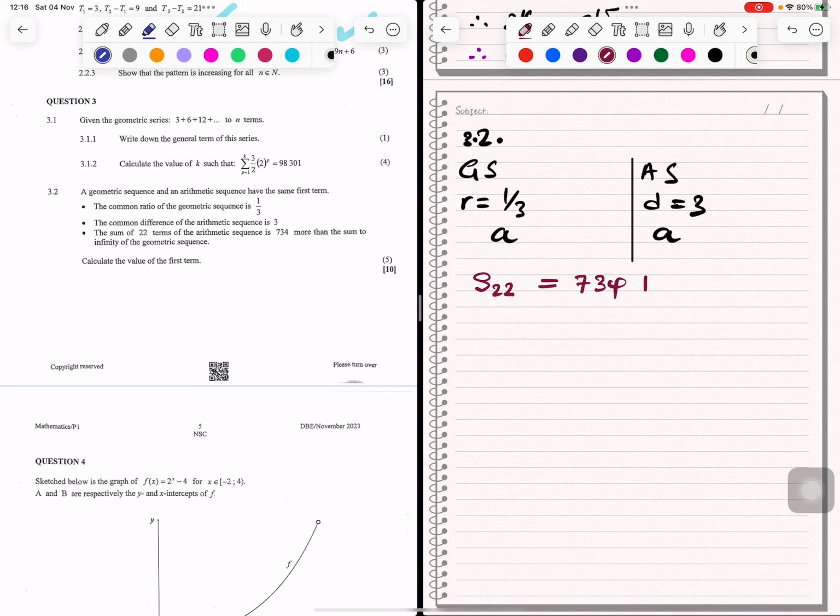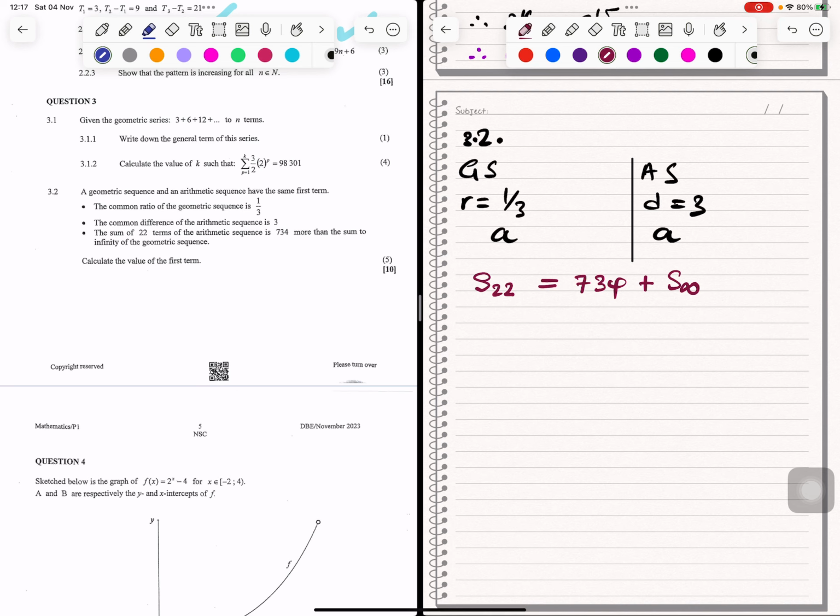So more than means plus, of what? Of S infinite. So basically here, the sum of the first 22 terms of the arithmetic sequence is equal to 734 more than the sum of the infinite geometric sequence.